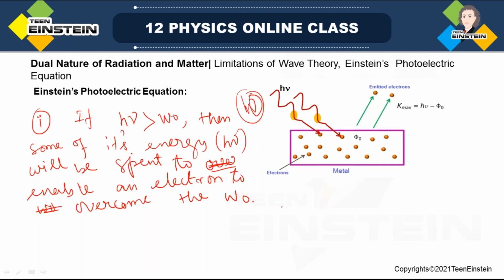So if the energy is this, then some of its energy of h nu will be spent to enable an electron to overcome this.